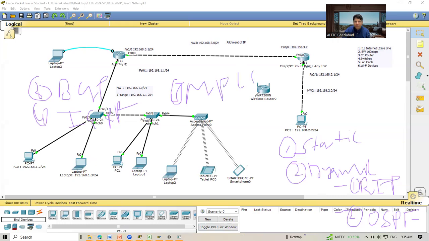But during this training, we cover only two protocols: static and RIP. So in this session, we complete the static routing protocol.